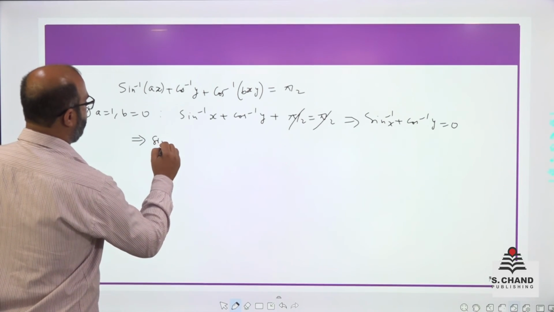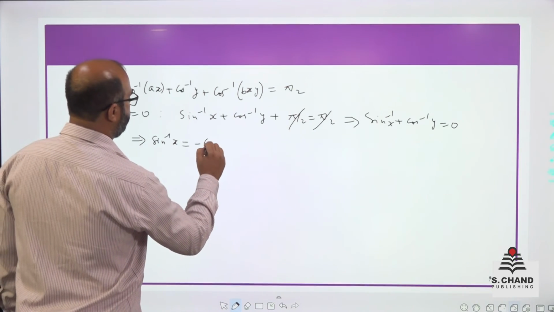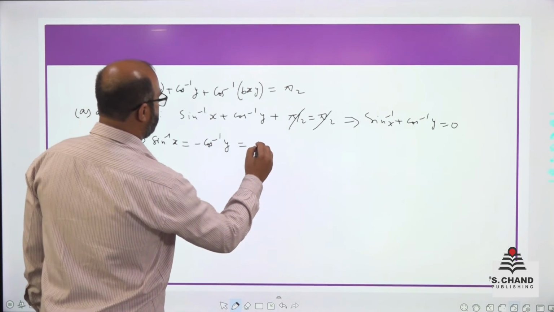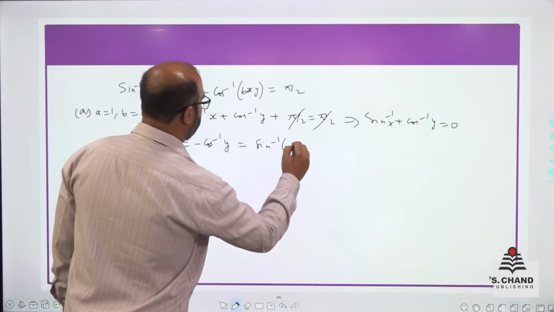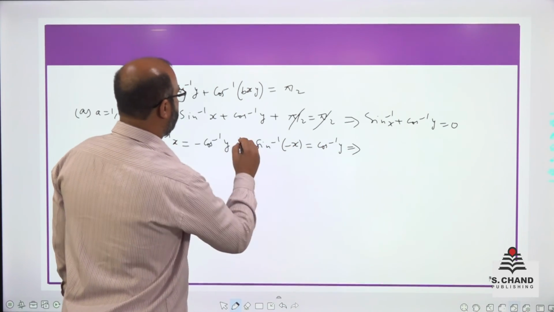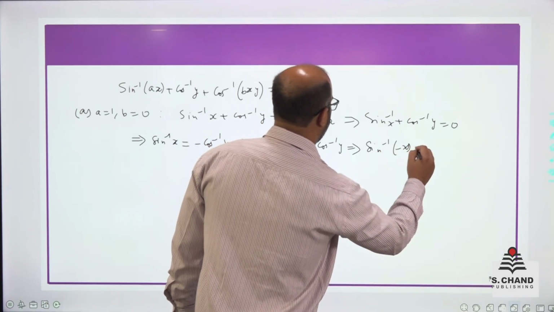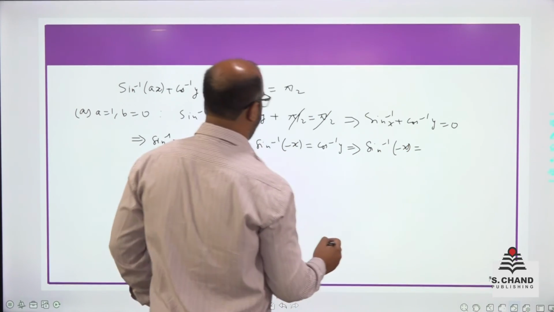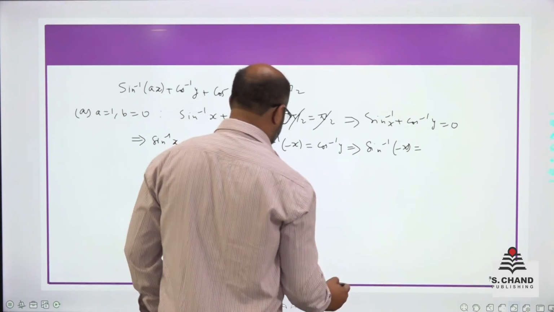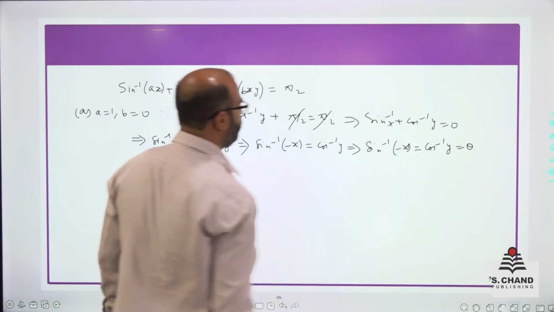sin inverse of x is equal to minus cos inverse of y, or you can say sin inverse of minus x is equal to cos inverse of y, is equal to theta.